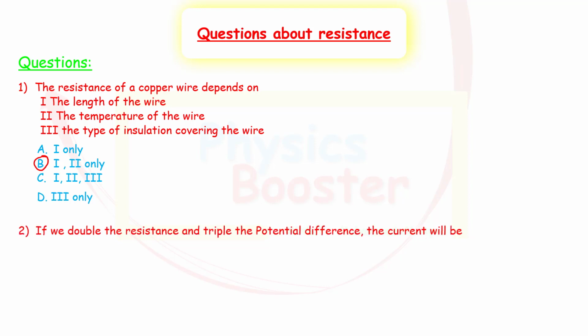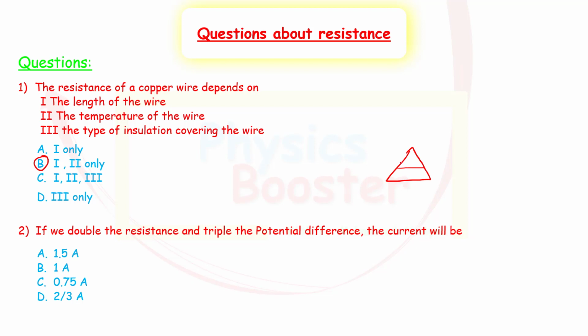Question number 2. If we double the resistance and triple the potential difference, the current will be 1.5 ampere, 1 ampere, 0.75, 2 over 3 ampere. Well, to solve these types of problems, we said that we will be facing these types of problems a lot. We are asked about the current. We know that we can create this small, simple triangle that shows us the relationship between resistance, current, and potential difference.